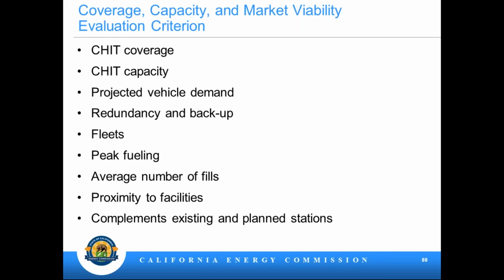So what was the thought process that applicants went through to think about why their locations would be successful? And then to present that in the application to justify why state funds would be used to fund the construction of the station.